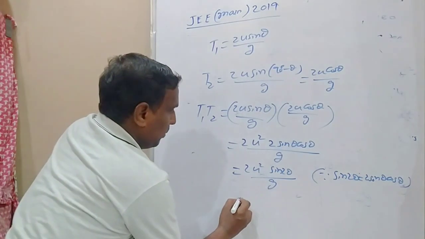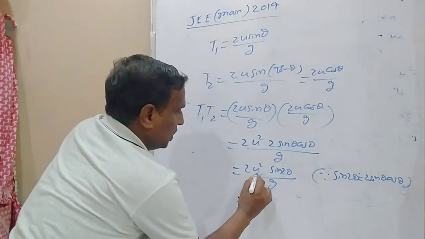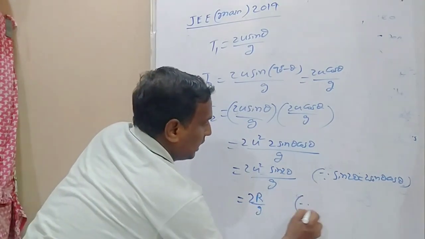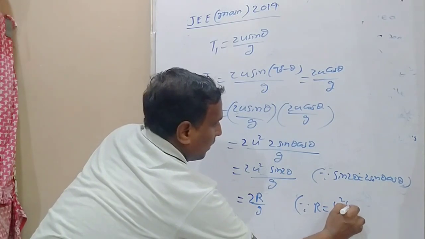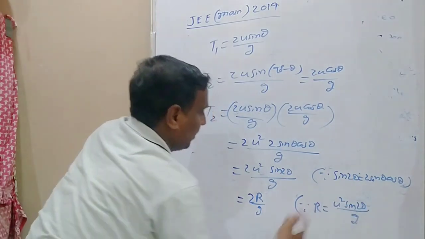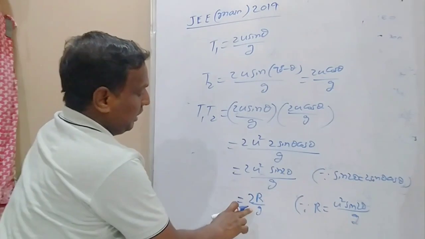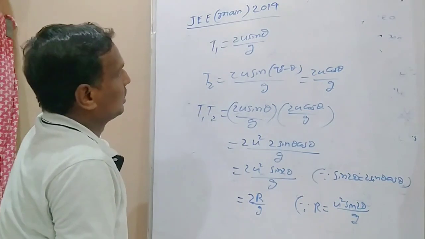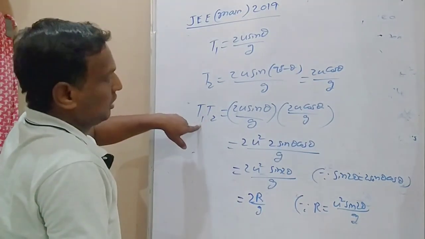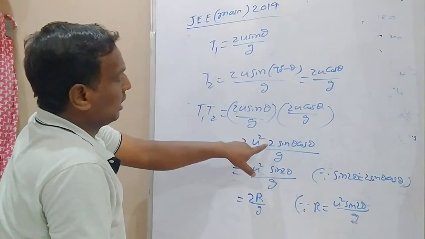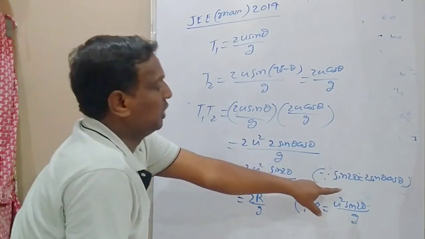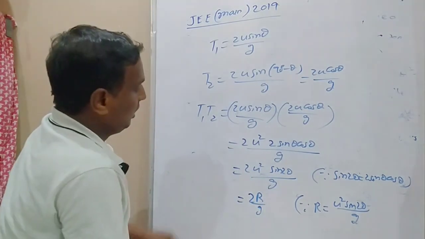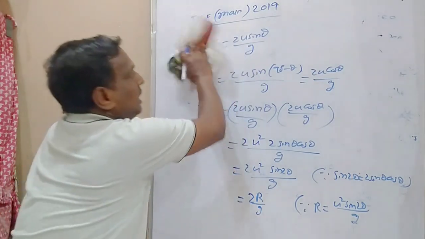So now this is u squared sin 2 theta by g, nothing but R, the range, since range R equal to u squared sin 2 theta by g. Okay, now look here, we got 2R by g. So the T1 T2 product equals 2R by g. Therefore option D is correct here.